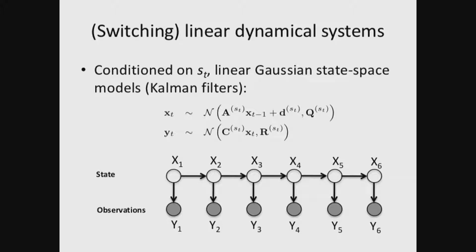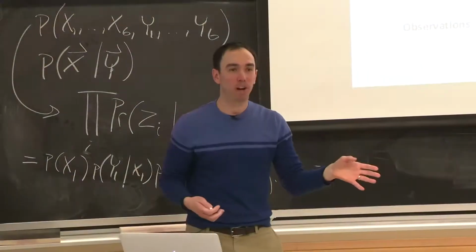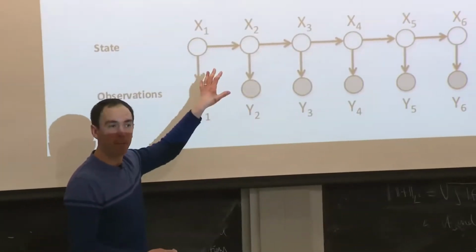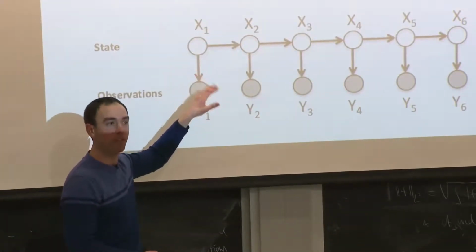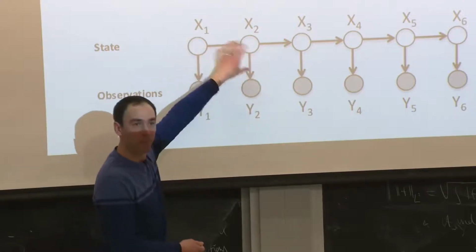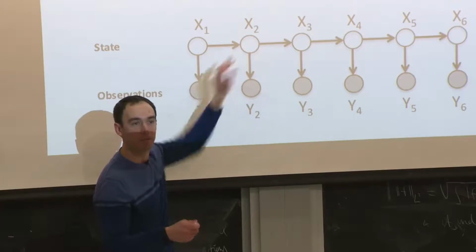So in some sense, think about this as cutting, right? If you were to take x2 out of the model and remove all edges incident on it, then x1 and x3 are now separated from one another. They're independent. Now, for those of you who do know graphical models, you'll recognize that that type of independence statement that I made is only true for Markov models, and the semantics for Bayesian networks are a little bit different. But actually, for this model, they're one and the same.